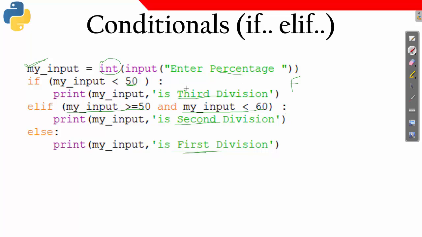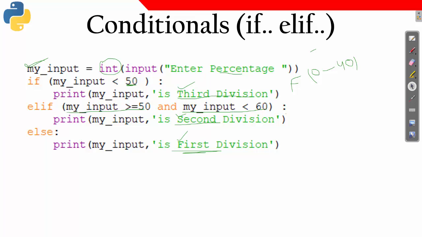I have written anything less than 50, means 0 to 49. I have not mentioned negative values again here. Let us say a negative value also you give, that also it will take as third division. Between 50 to 60 it will print second division, and apart from that whatever is there will be printing first division. Okay, the program is written in that way.